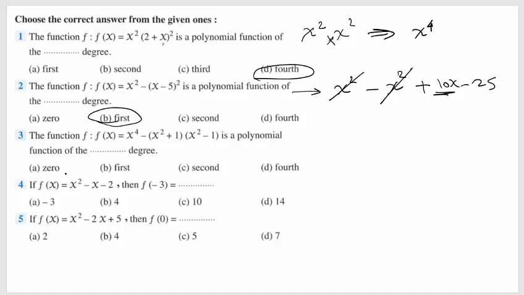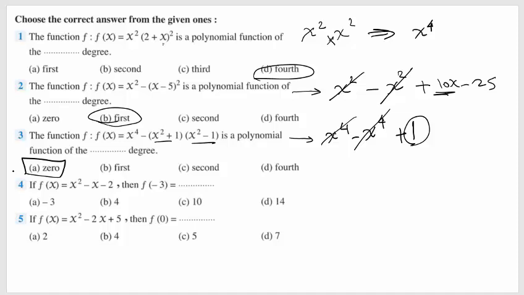Let's simplify the next example. x to the power 4 minus, let's perform this multiplication: x squared plus 1 multiplied by x squared minus 1 equals x to the power 4 minus 1. x to the power 4 minus x to the power 4, the result will be 1, which is a constant, so it's degree 0.